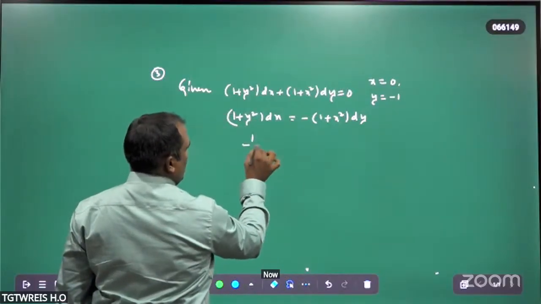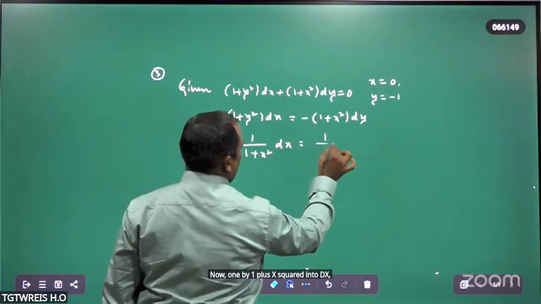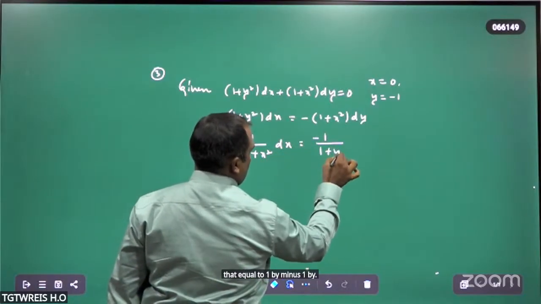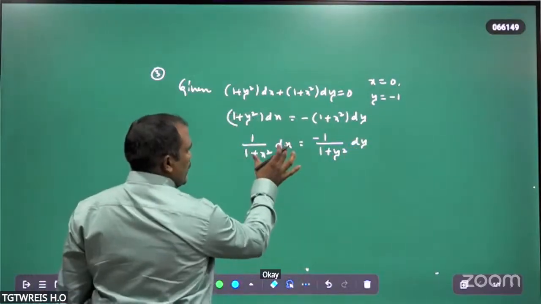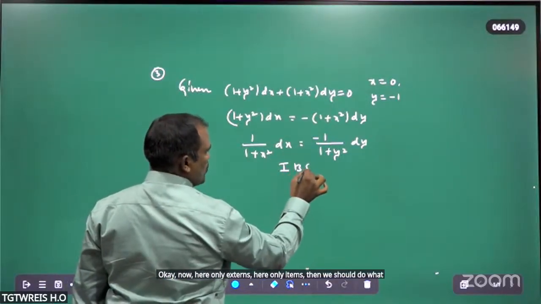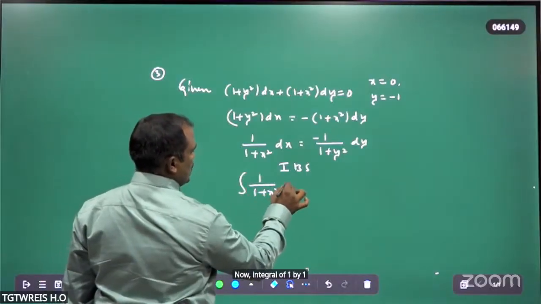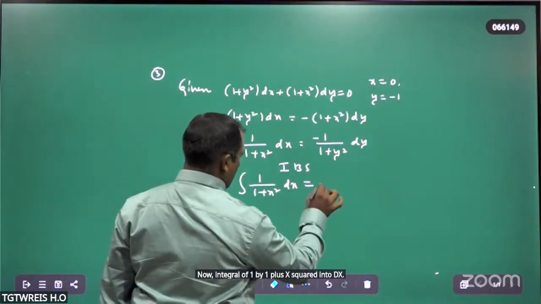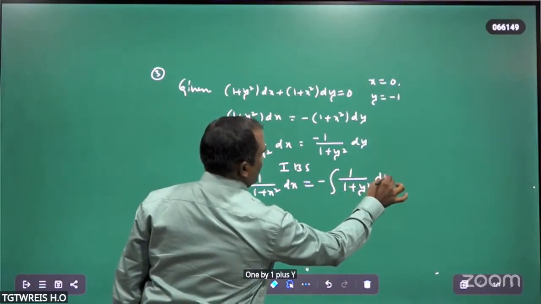Now 1 by 1 plus x square into dx equal to minus 1 by 1 plus y square into dy. Okay. Now here only x terms, here only y terms. Then we should do what? Integrating on both sides. Now integral of 1 by 1 plus x square into dx equal to minus, take outside, 1 by 1 plus y square into dy.